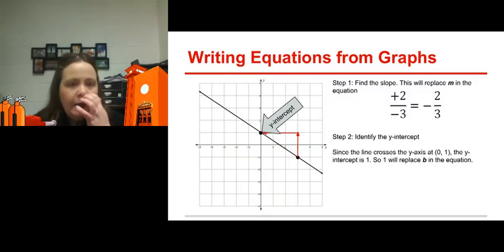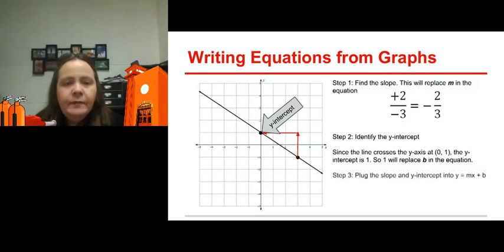Since the line crosses the y-axis at 0, 1, the y-intercept is 1. This means that 1 will replace b in the equation y equals mx plus b. And so step 3 then is to plug the slope and the y-intercept into the equation y equals mx plus b. And when we do that, we have y equals -2/3 x plus 1.